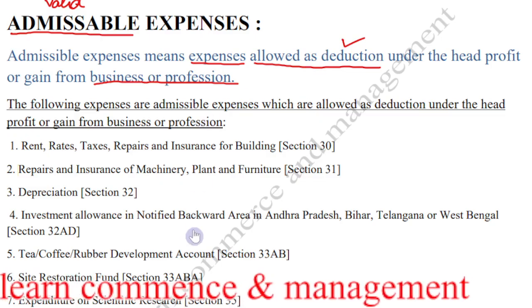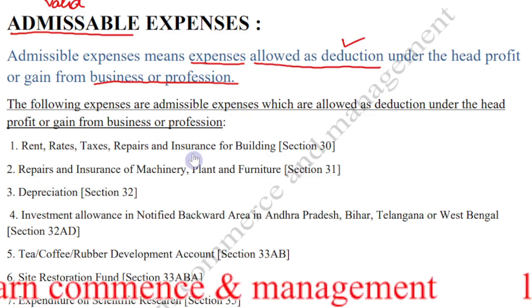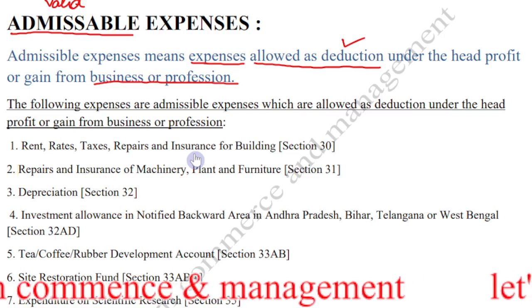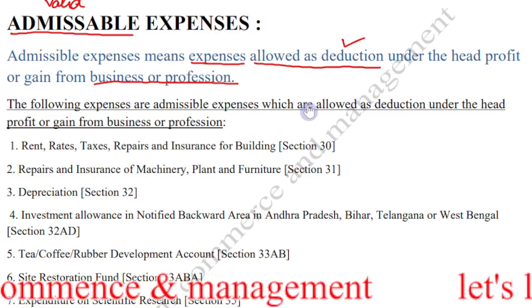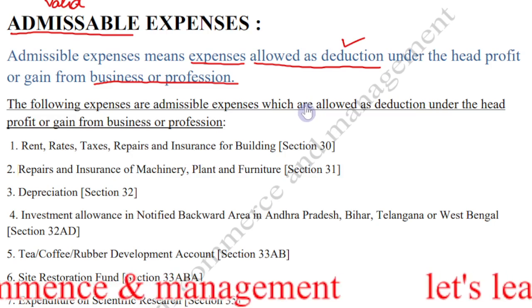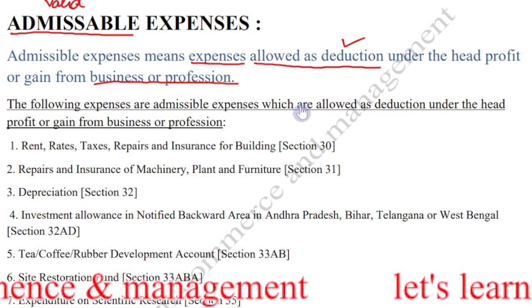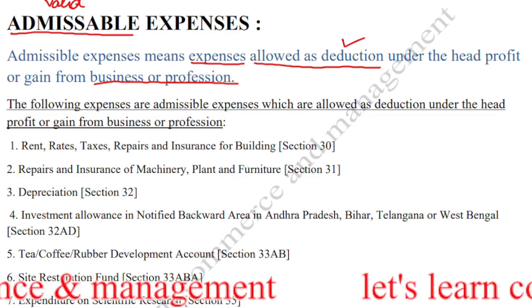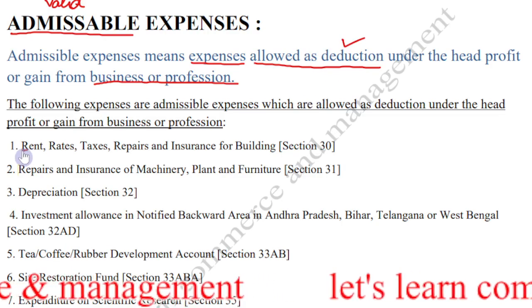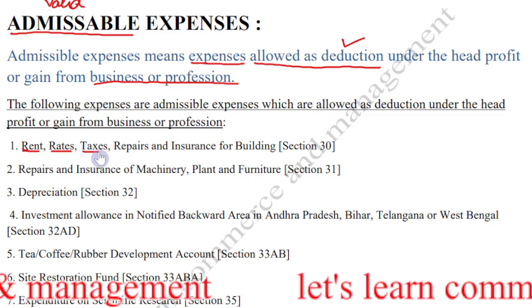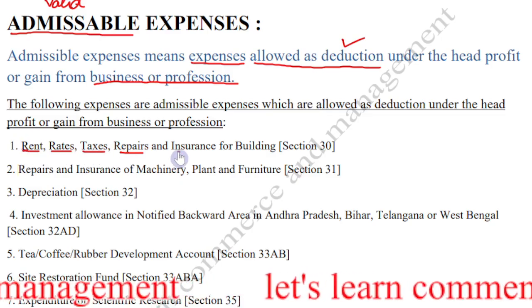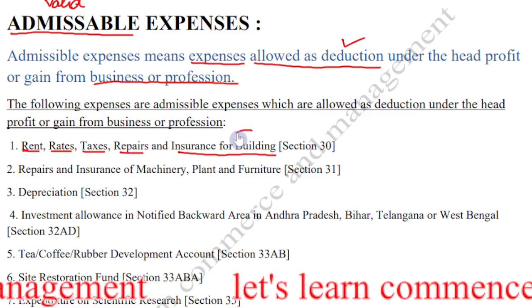So now these are the expenses that are admissible and deduction is allowed under the head profit or gain from business or profession. So the first one is rent, rates, taxes, repairs and insurance for building.